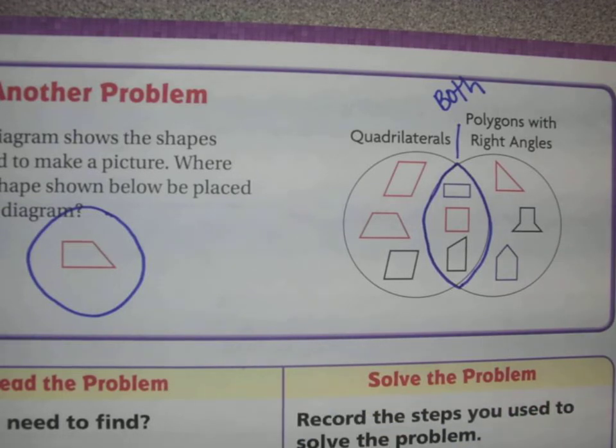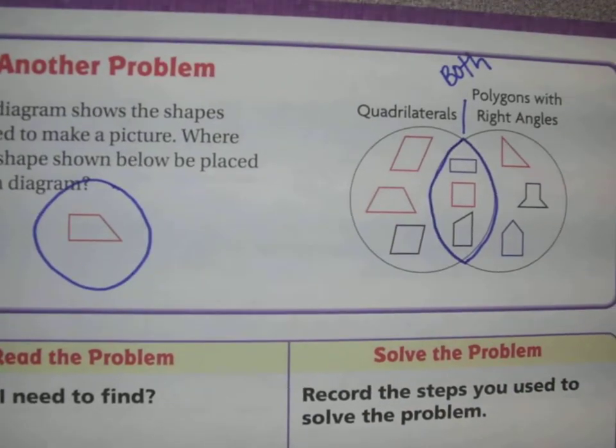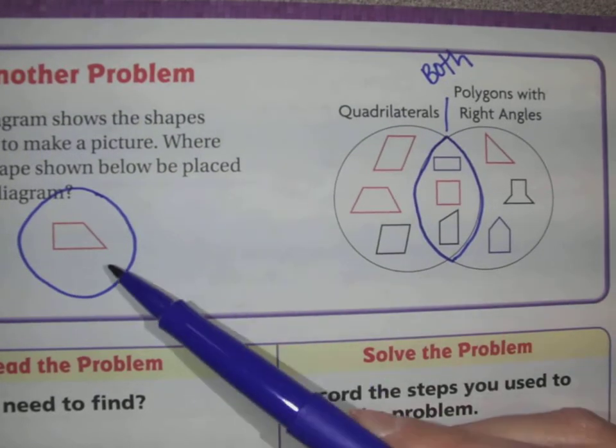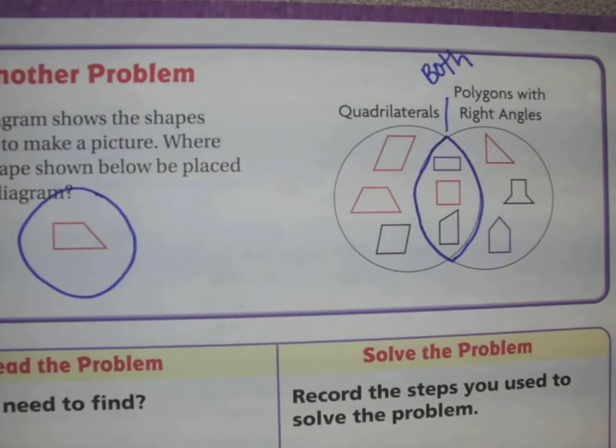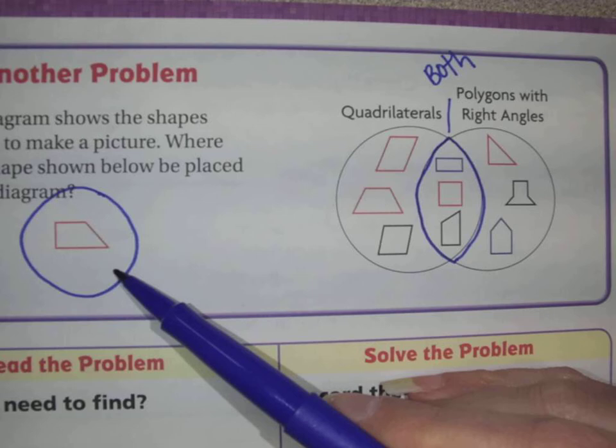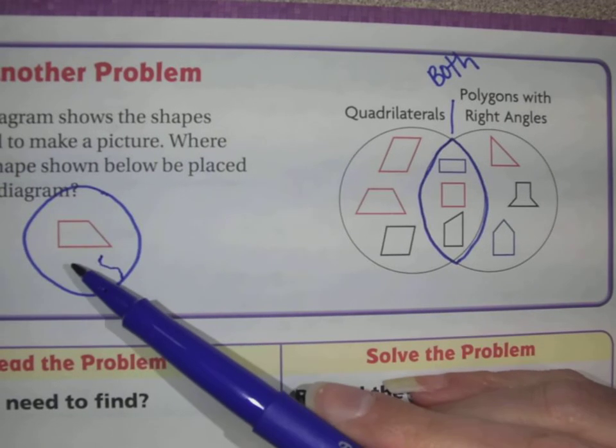Okay? So, again, some of the things you can ask yourself before you try to figure out where this figure goes. Alright, so if this circle is labeled quadrilaterals, what do we know about quadrilaterals, guys? They all have 4 sides and 4 angles, right? Well, let's look at this polygon.